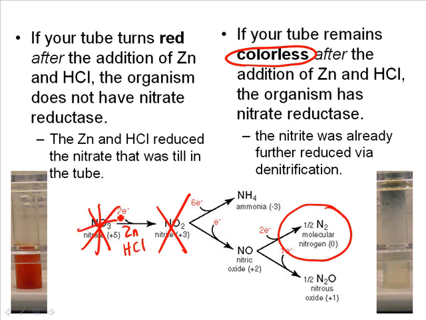There's no nitrate to reduce because nitrate was already reduced. So if it's colorless, that means to me that the organism did have nitrate reductase to start with, but it then took that nitrite and further reduced that nitrite to other nitrogen end products.